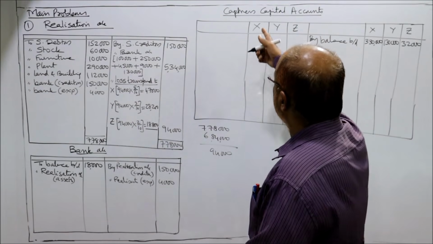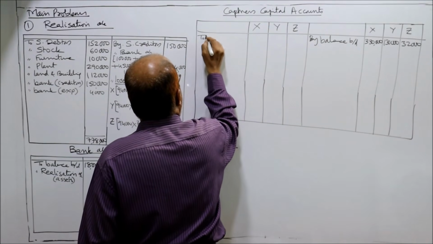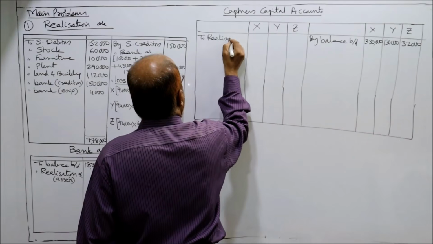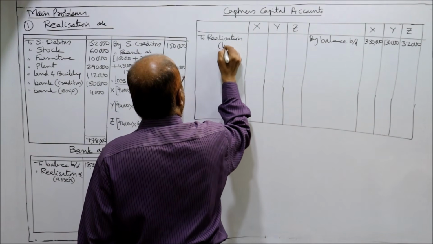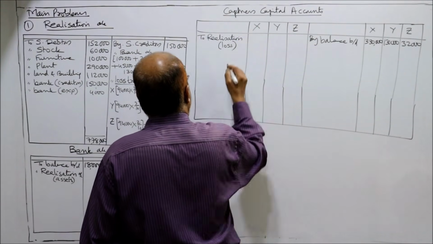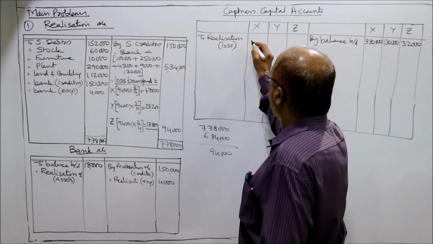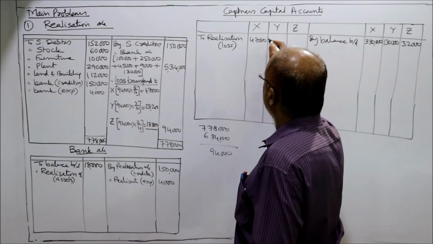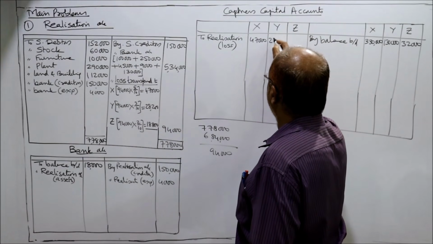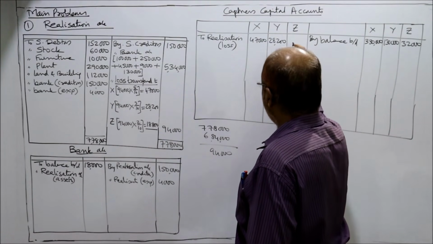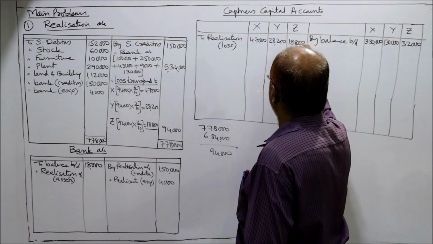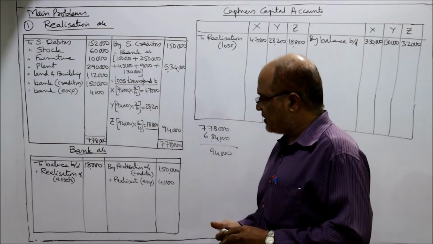So individual partners should be debited here. Loss on realization 47,000, then 28,200, 18,800. This one is completed.